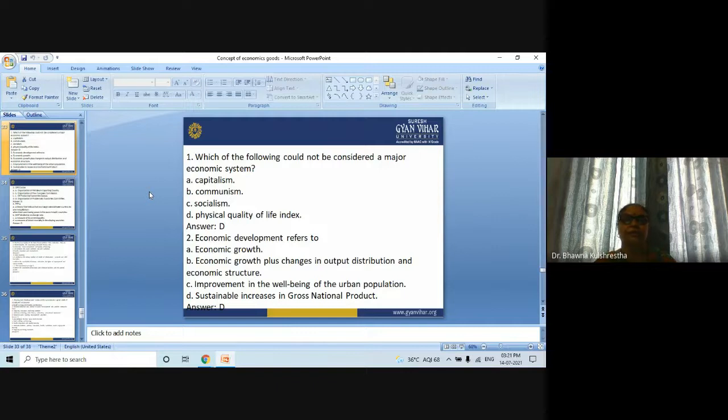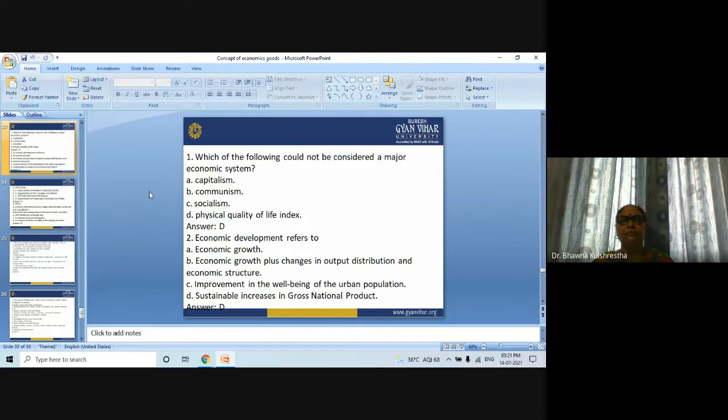Economic growth plus changes in output, distribution, and economic structure. An improvement in the well-being of the urban population.